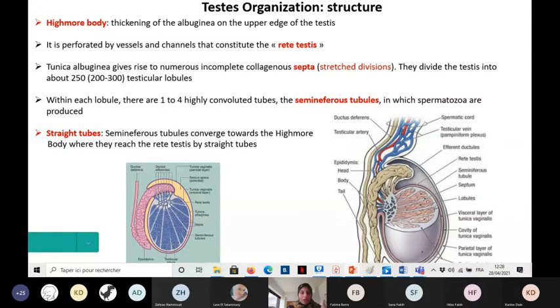So those channels in the Highmore body, plus the blood vessels that reach this Highmore body, constitute together the rete testis.